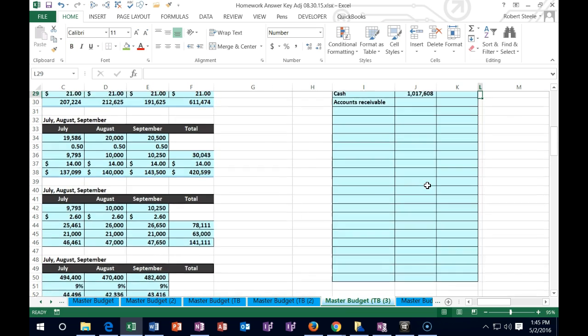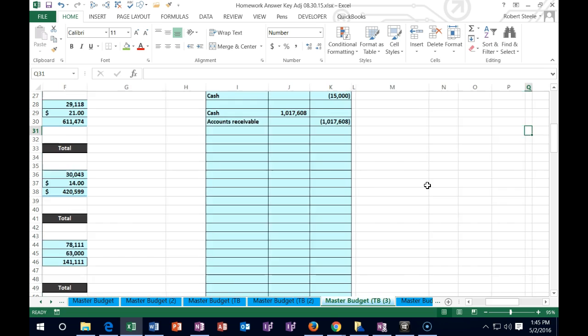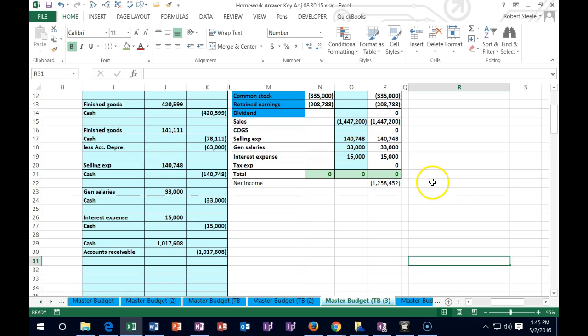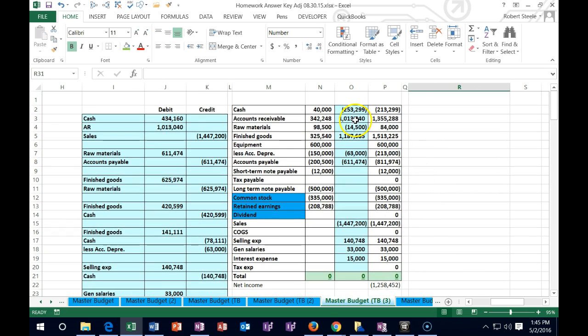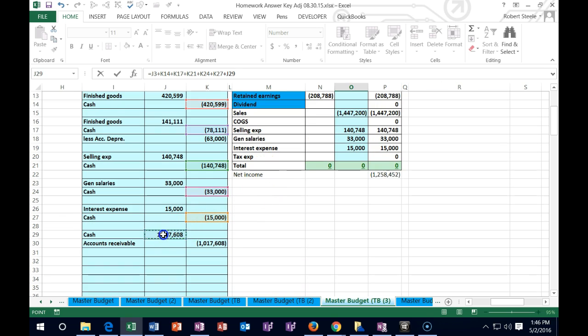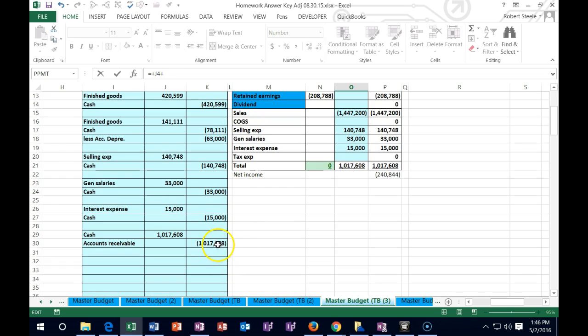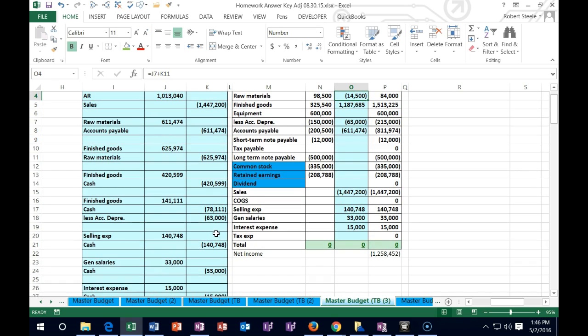So there we have that. And we could then credit the receivable, and now our cash should look a lot better. So we're going to go up to cash, double click on it, go to the end of it, plus, and then we're going to have our cash here, and our accounts receivable, double click, go to the end of it, plus, and we're going to say the receivables there.